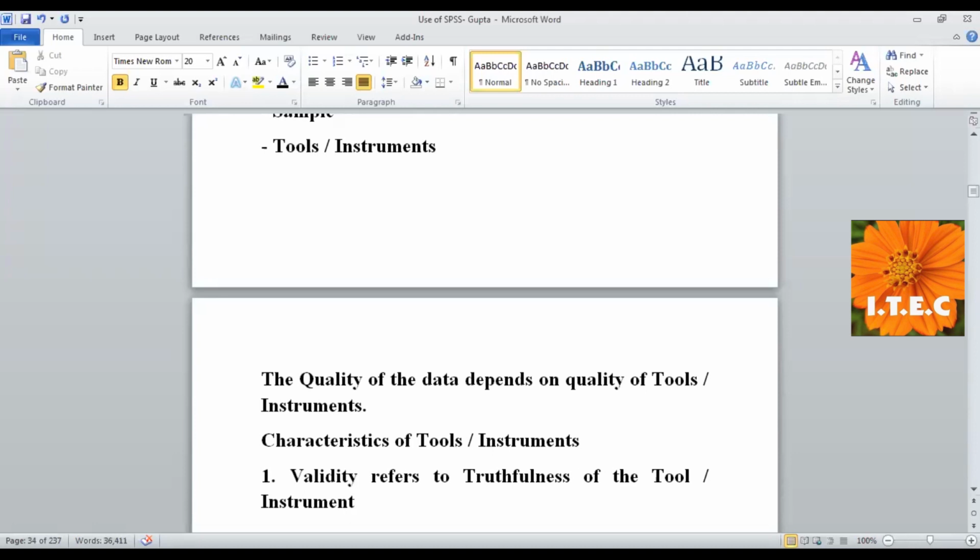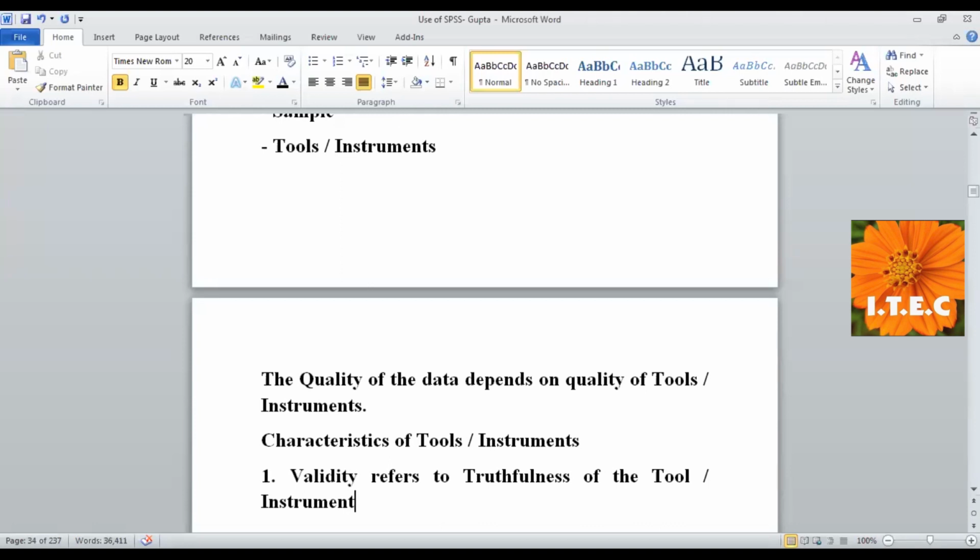So if you are using the reading comprehension test, then reading comprehension test will assess truthfully the reading comprehension of the student. And if it is English reading comprehension, then this test will assess the English reading comprehension of the student.